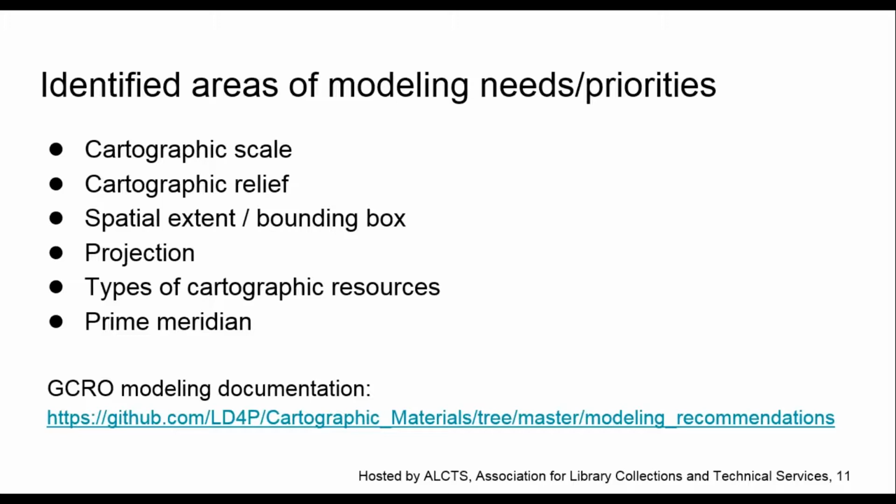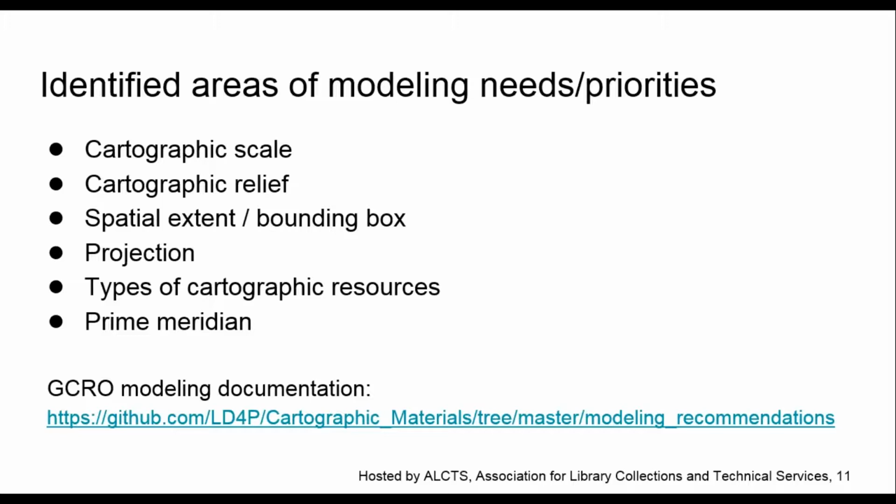So the prioritized modeling areas shown here address at least portions of the use cases that we identified above. These are common concepts that are encountered every day by map catalogers, and these weren't necessarily addressed comprehensively by existing ontologies that we reviewed. So these are the areas that we've identified as needing modeling.